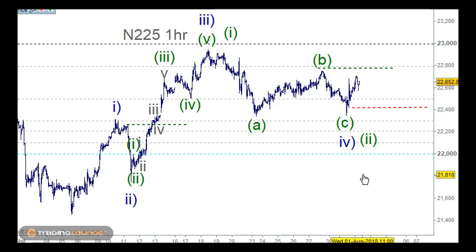So I don't know the correct count at the moment, but what I do want to see is this market just move up above this high here. It will still have problems at the 22,800 here, but if we can move up above this high here, then it makes this here an A wave and a B wave and a C wave here.